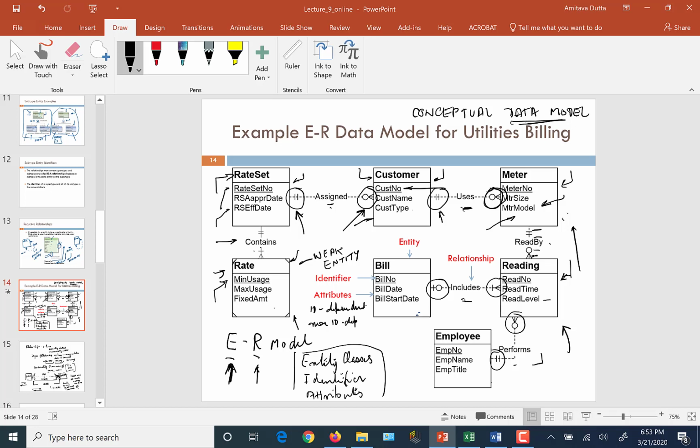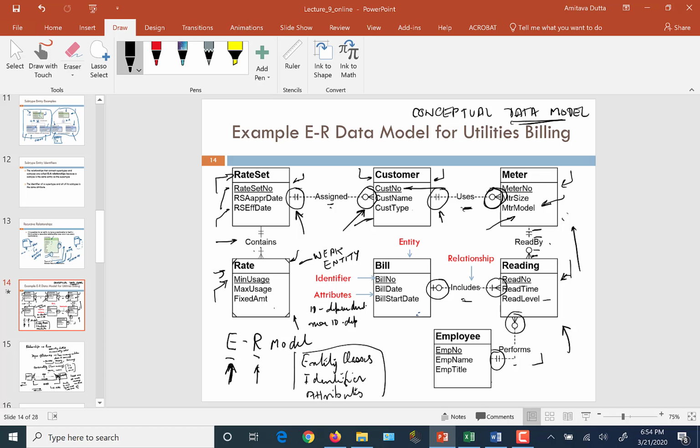Okay, so this one is a non-ID dependent type of weak entity. You can go back to the previous tutorial and review what the difference is between an ID dependent weak entity and a non-ID dependent weak entity.